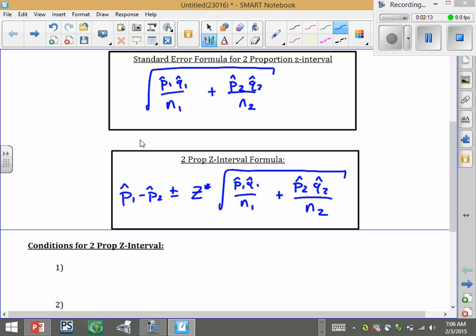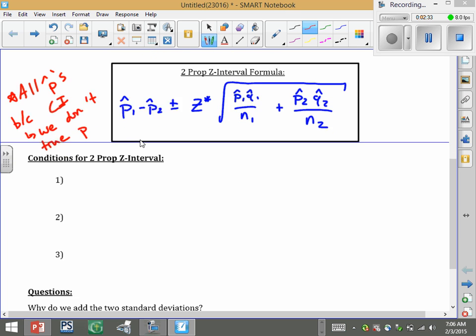Again, all p hats, because this is a confidence interval, and when you do confidence intervals, remember, we don't know the true p. We don't know the true proportion. That's why we're using all these p hats.